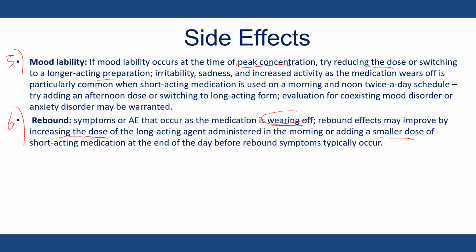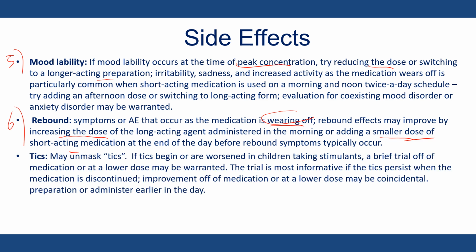I personally, this is just me talking, do not like adding more dosages or more medication. I usually increase the dose that the patient already has. I do that for everything else, pretty much for diabetes, hypertension, and psychotropic medications. If the situation allows, I try to take that to max dose before I add another agent. But you can add a short-acting if you want to, or if the patient is okay with it.